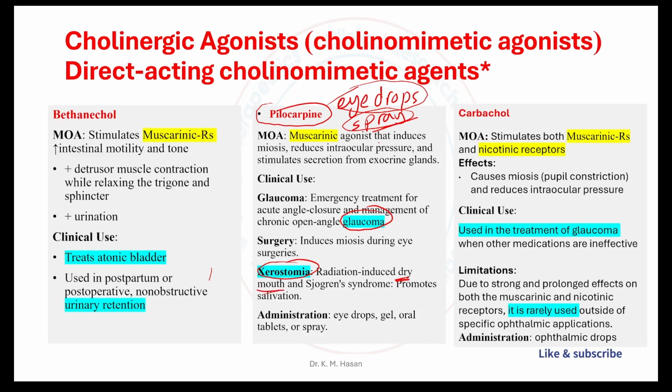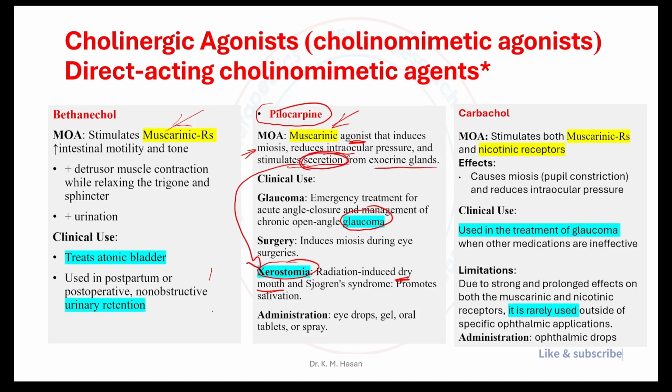Pilocarpine is considered a muscarinic agonist, like bethanechol. In the eye, pilocarpine causes meiosis and reduces intraocular pressure. It also stimulates secretion of exocrine glands, increasing saliva, which is why we use it for patients with dry mouth.